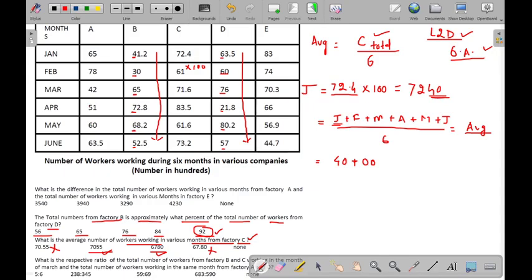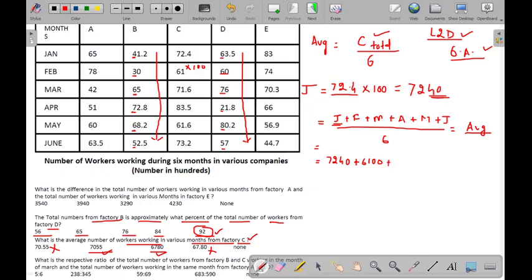Or what I will do is I will write down the complete value of all the companies here. The first will be 7240. For Feb it will be 6100.